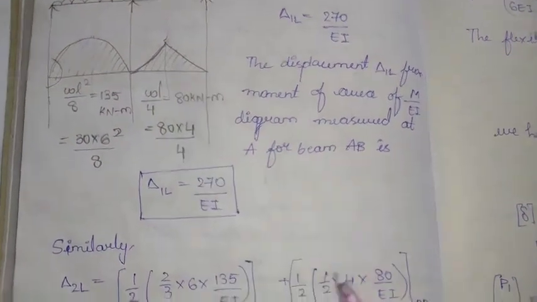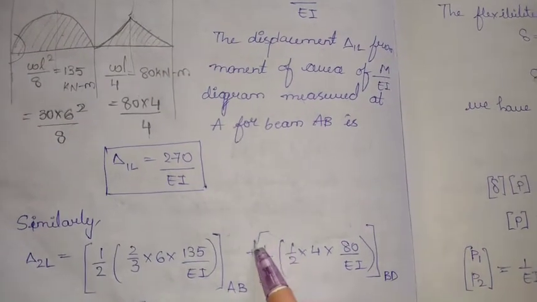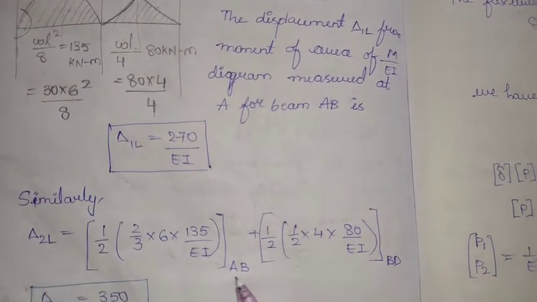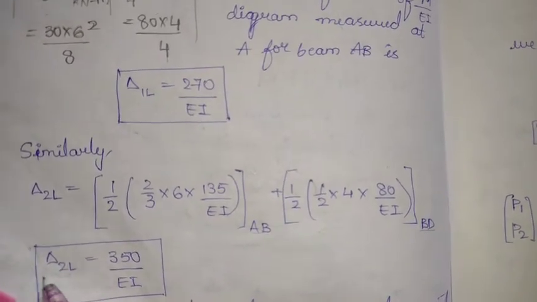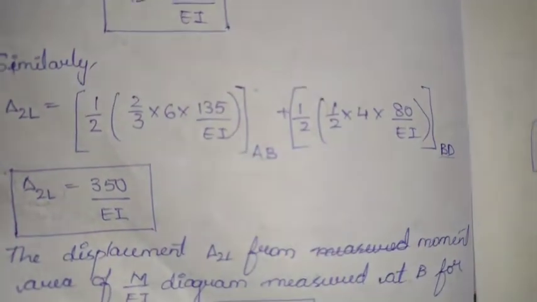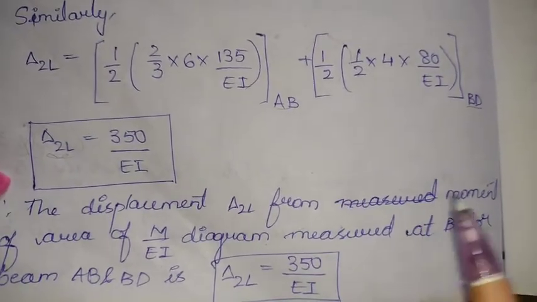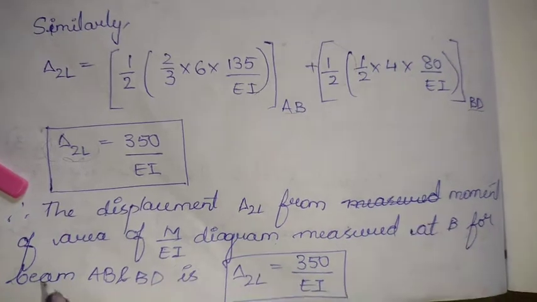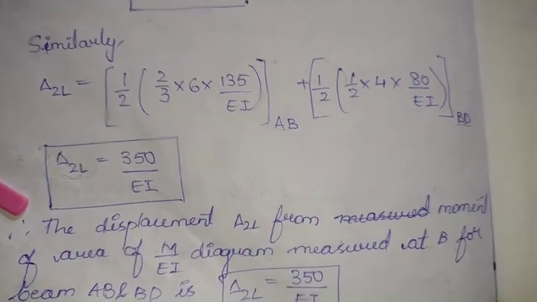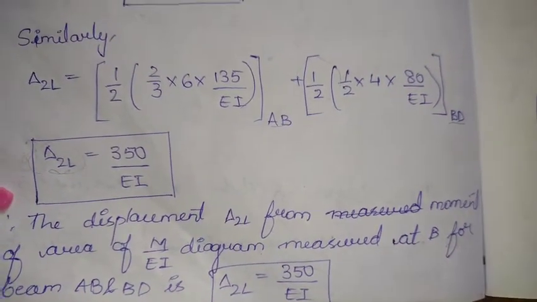But we are just dividing it by 2. So both the AB and BD spans would give us delta 2L. This is delta 2L. So the displacement delta 2L from the moment of the area of the M by EI diagram measured at B for beams AB and BD is 350 by EI.